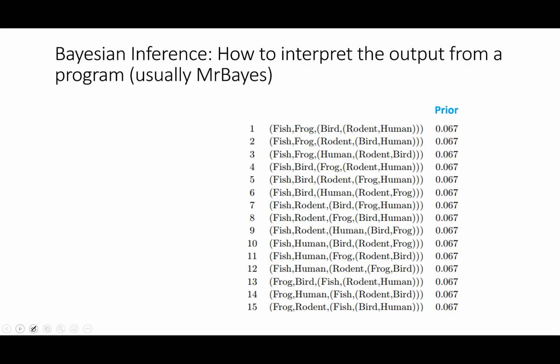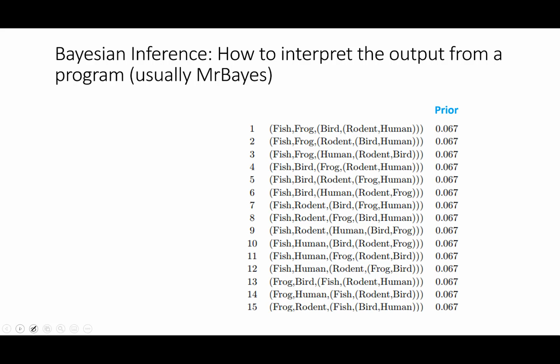In this particular example, you will notice that the prior probability values are all the same for each of the 15 trees. Now, why are there 15 trees? These 15 trees are the 15 unrooted possible trees that you could get from these 5 taxa.